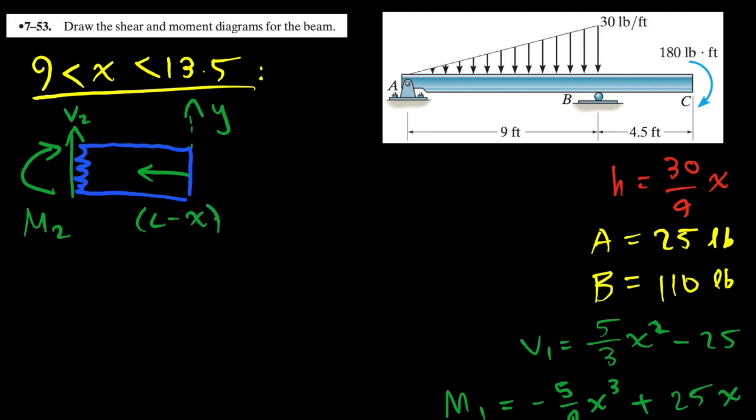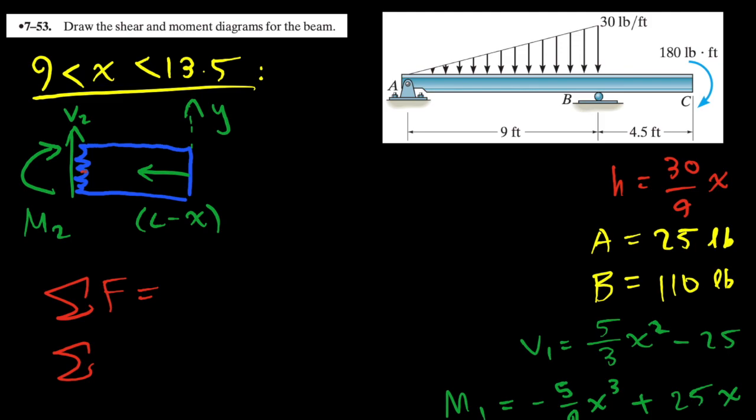Notice how I use L minus x instead of x. This is pretty important. I think it was covered in either lecture or recitation, so make sure you understand why we're using L minus x for this arrow here. Anyway, we're sectioning from C to the right and doing our summation of forces and summation of moments.